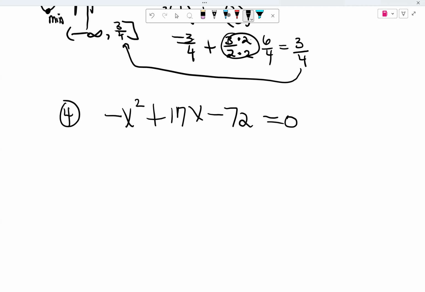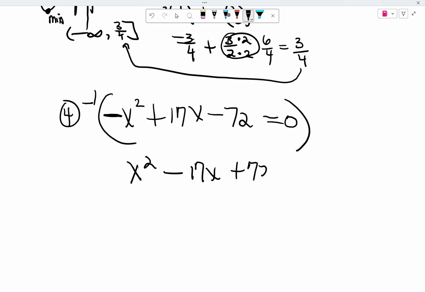But there is no way I can do this until I get rid of this negative. So take the whole thing, multiply by negative 1. This makes this positive x squared minus 17x, and this makes this positive 72. And it's still equal to 0 because I can multiply a million times 0 and you still have 0, right?